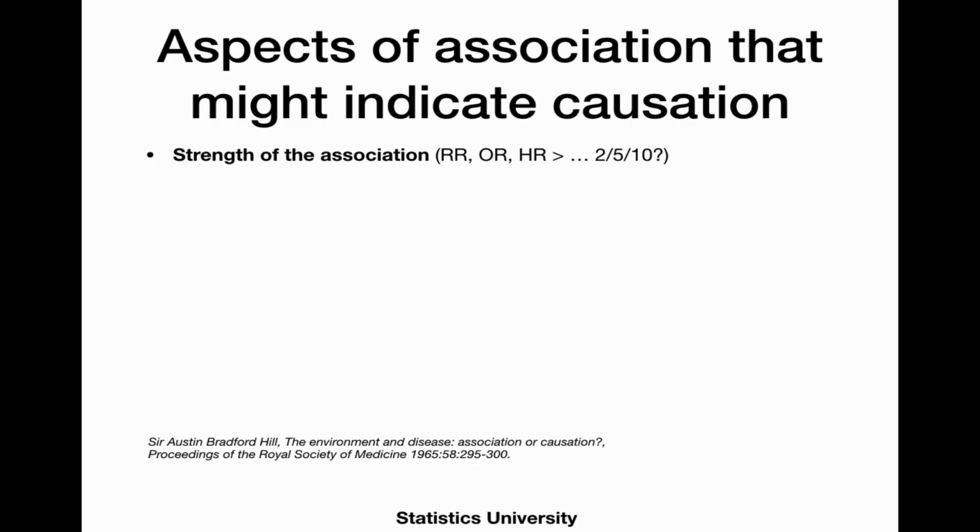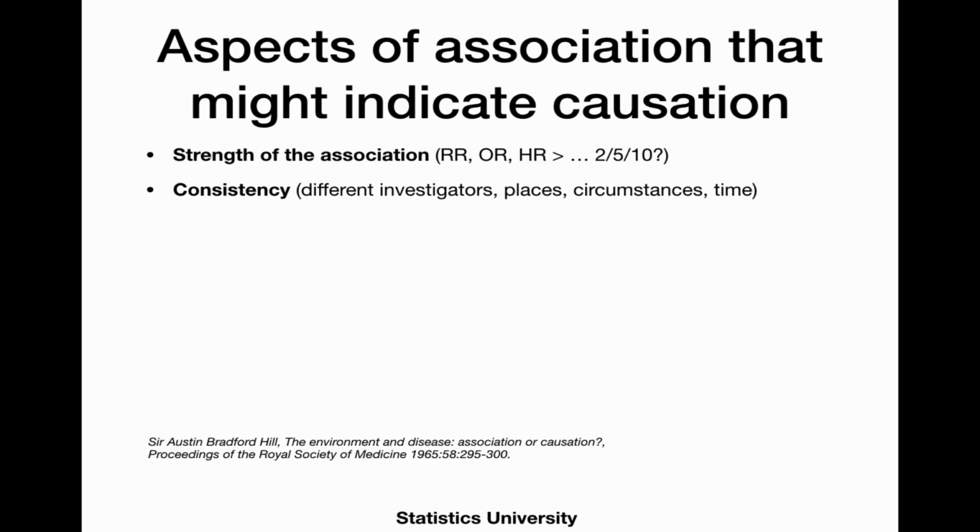And the first aspect to consider is the strength of the association. Associations with a stronger relative risk measure, such as the risk ratio, odds ratio, or hazards ratio above 2, for example, or maybe even 5 or 10, tend to more likely be a causal factor.